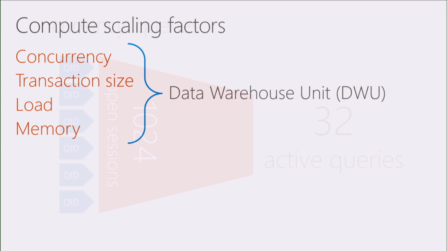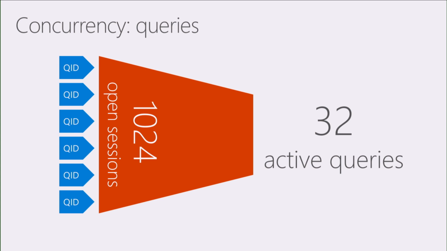So in SQL DW, we start with the concept of concurrency at the session level. And we support 1,024 open concurrent sessions on the database. But that is like a funnel into a queuing system, right? And the queuing system at its maximum is 32 active queries, okay?